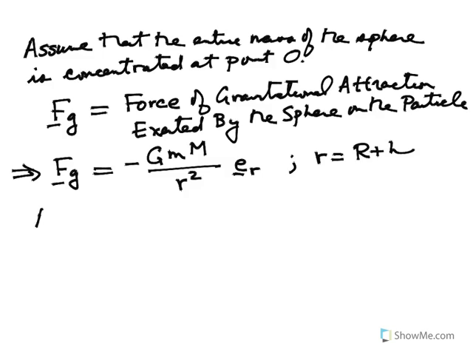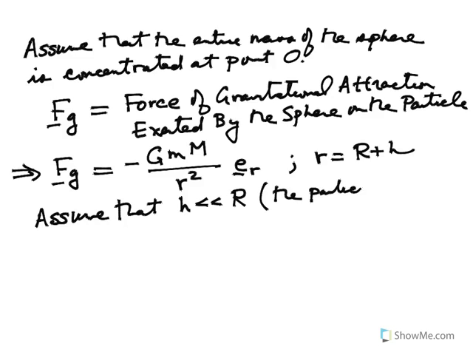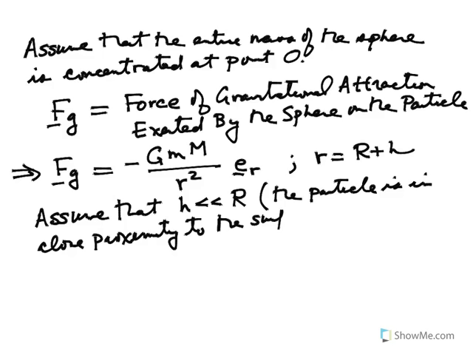Now assume that h is much, much less than R. What that means is that the particle is in close proximity to the surface of the sphere.